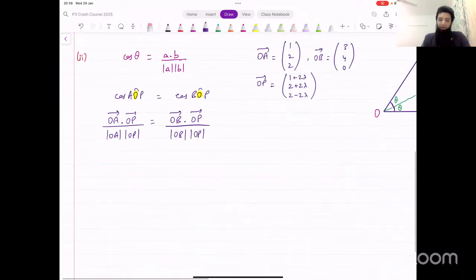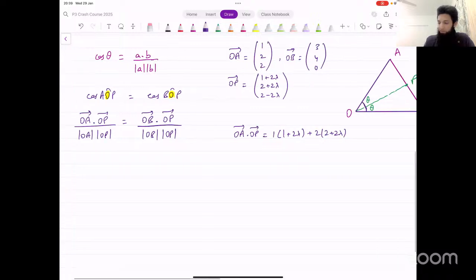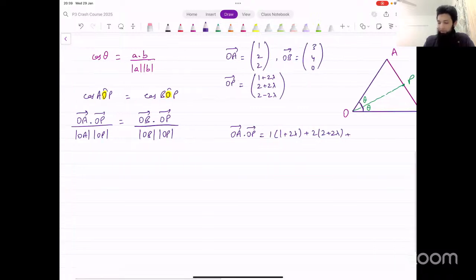Okay. Let's evaluate the dot product OA dot OP. What would that be? 1 into 1 plus 2 lambda, plus 2 into 2 plus 2 lambda. We're just multiplying corresponding components and adding them.